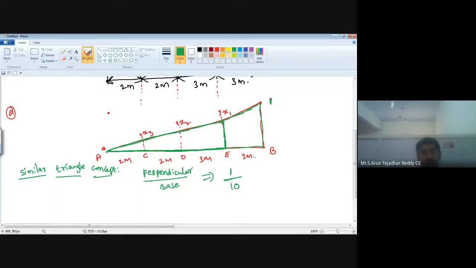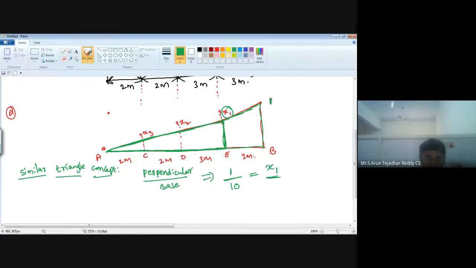This is the other triangle. In this triangle, perpendicular is x1 by base.